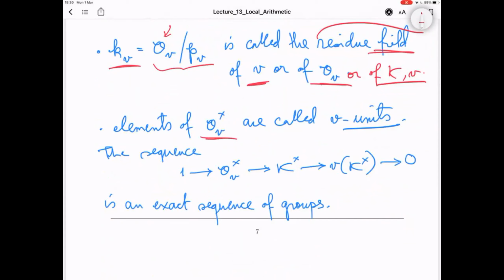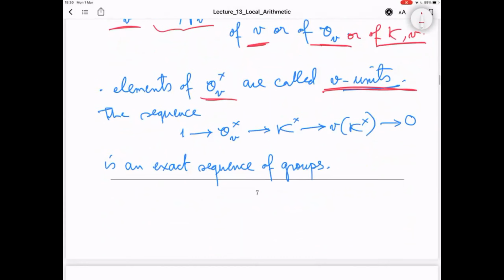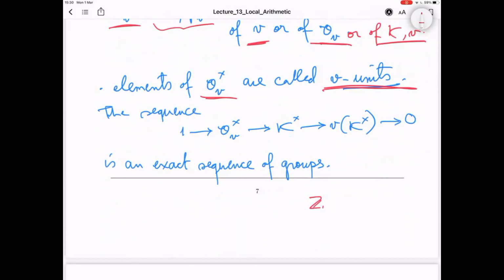Elements of this group OV star are called V units. We have been calling elements of ZP star units, right? And this is the general situation. Okay, so we could give this example here.